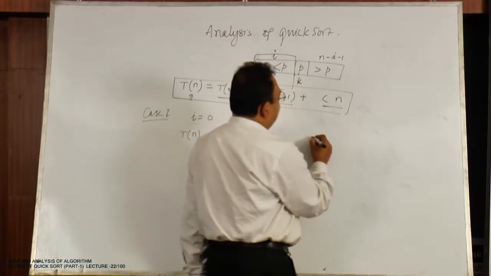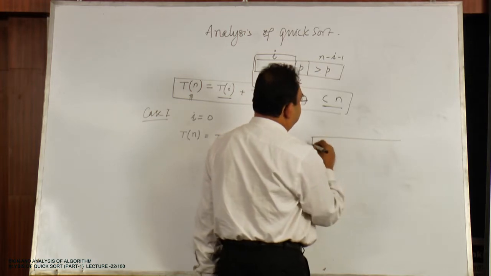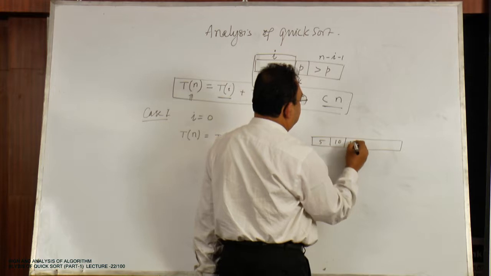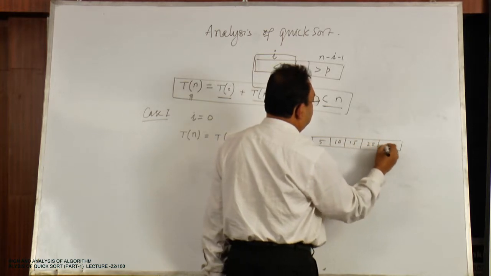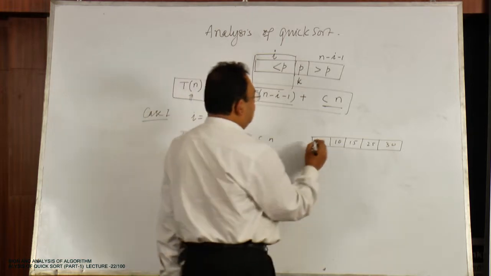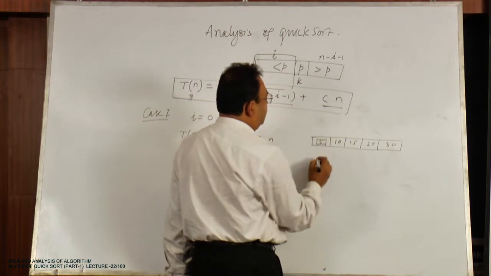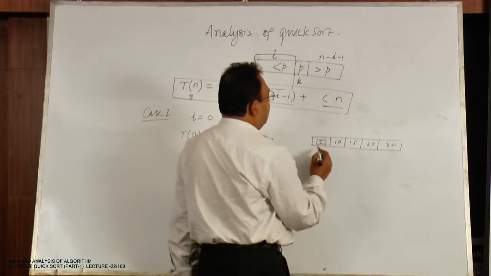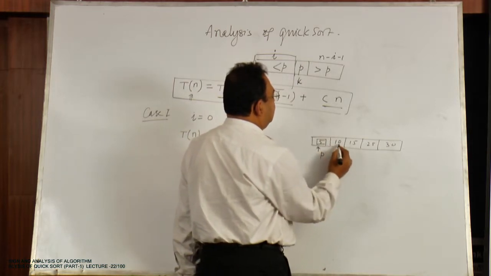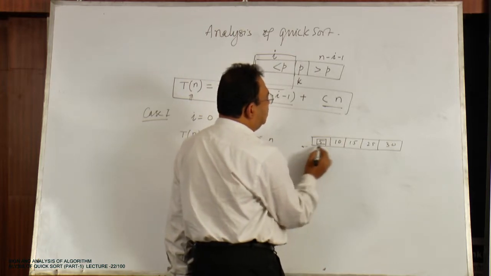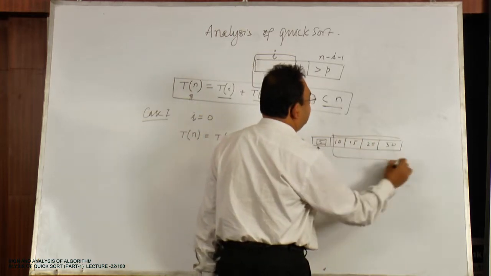Suppose you have a sorted array and you have considered the first element as pivot. So, if this is considered as pivot, then naturally every time, the first element is the pivot, there will be no element to the left of this pivot, and all n minus 1 elements will be on the right side.